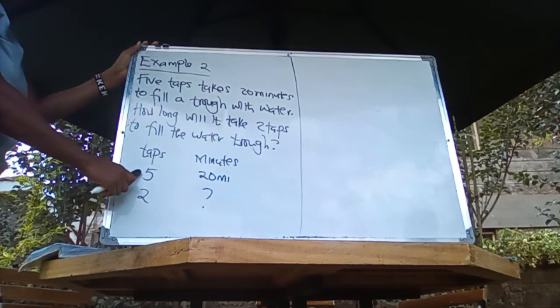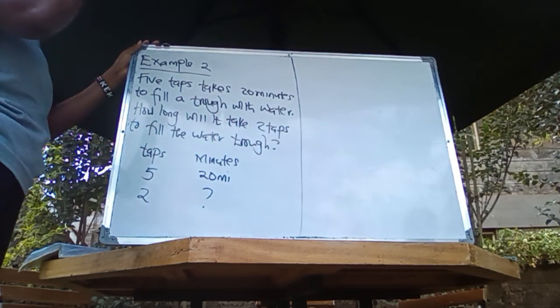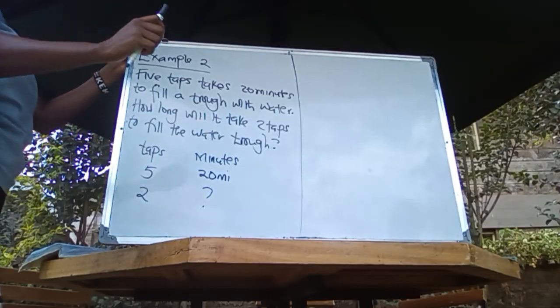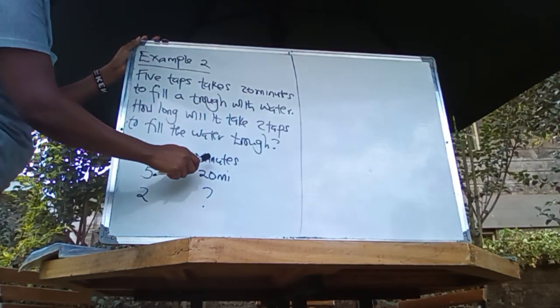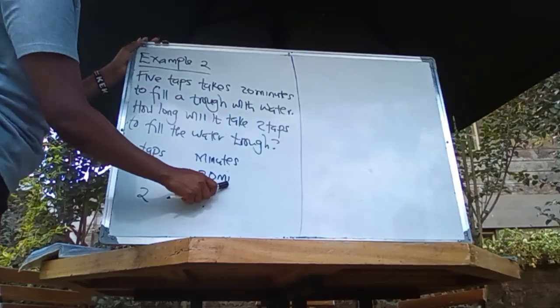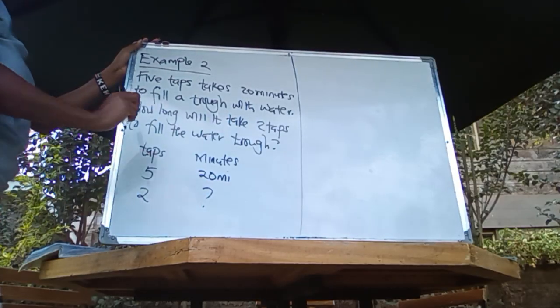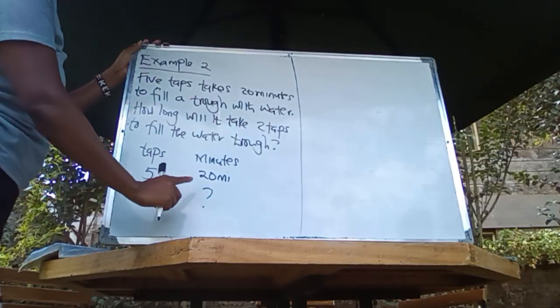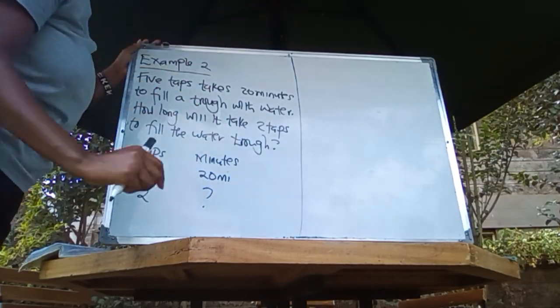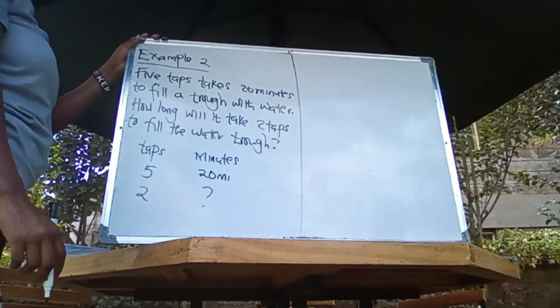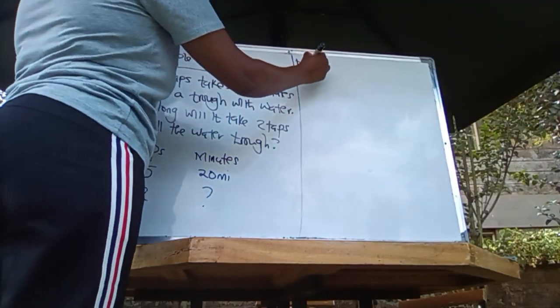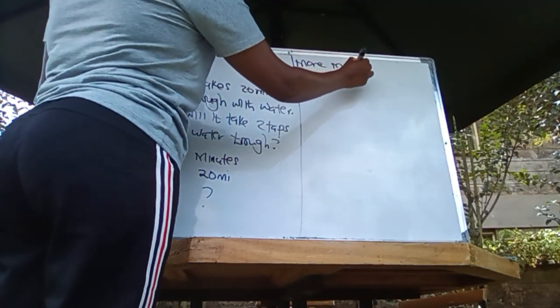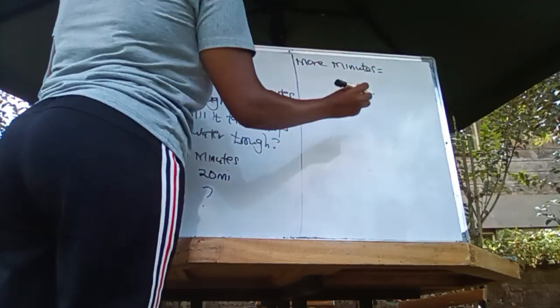If you open the 5 taps, they are going to fill that trough in 20 minutes. What if now you reduce the taps and you close 3 taps? You remain with only 2 taps running. Are they going to take more minutes or less minutes? More minutes. Very good. The minutes will be added because the taps have reduced.